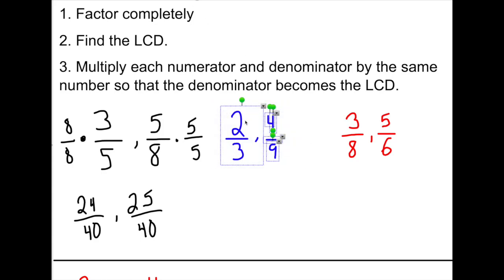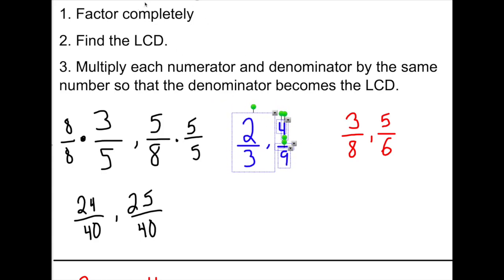Now, 2/3 and 4/9, how do we do that? The 9, I can leave alone, so I'll work with the 2/3. That would give me 6 over 9 and 4 over 9. And now I can add or subtract them.